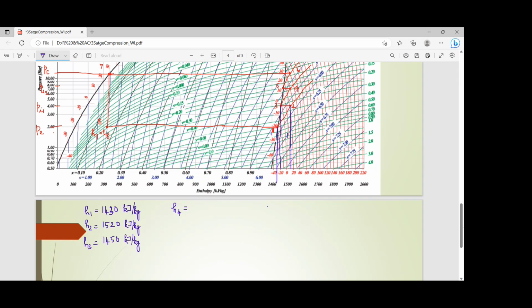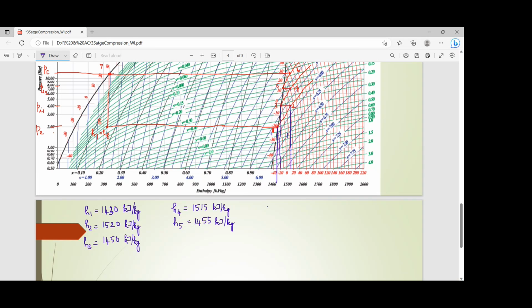So H4, this is somewhere closer to 2 but lesser than 2. So let's say 1515 kilojoule per kilogram. Okay, and H5 is closer to 3 but a little bit greater than 3. So let's say 1455 kilojoule per kilogram.